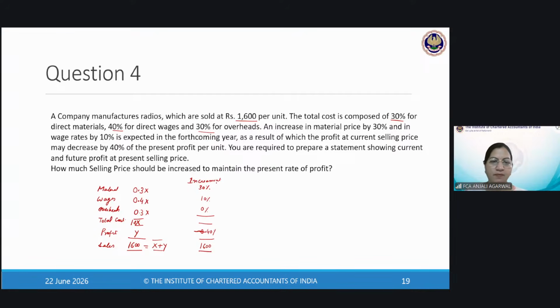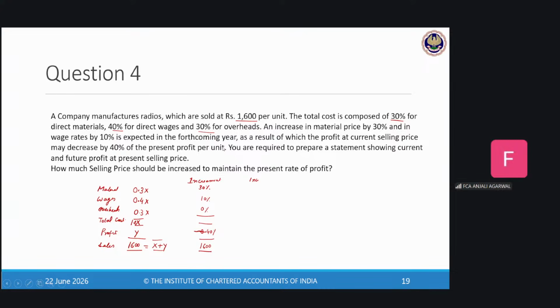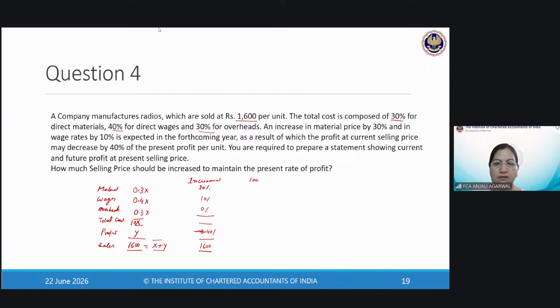So increase the material cost of 0.3x by 30%. It will be 0.09. So new material cost will be 0.3 plus 0.09, 0.39x.